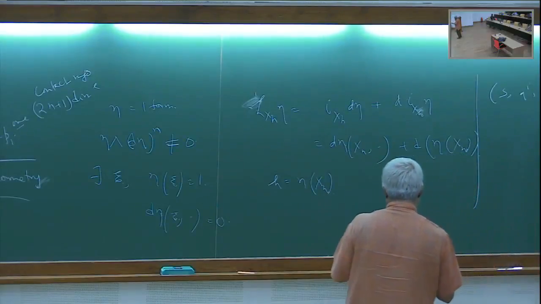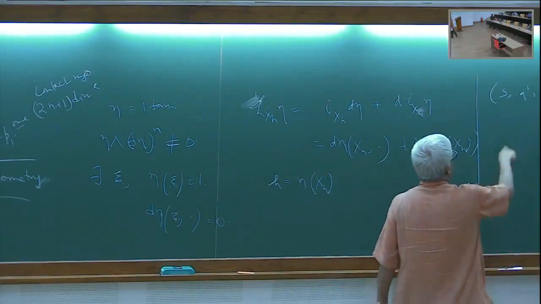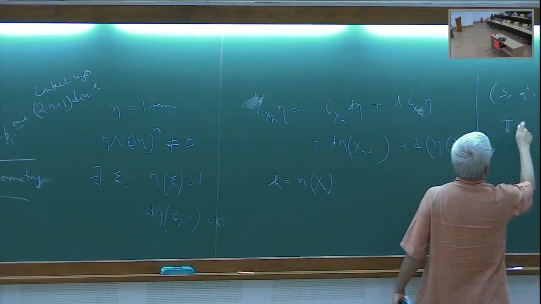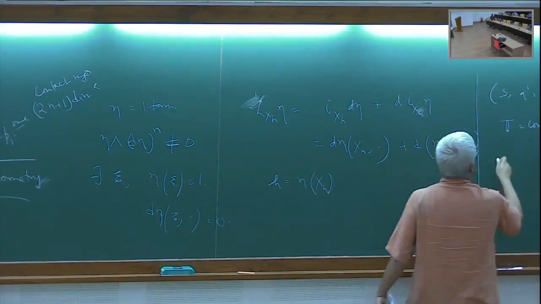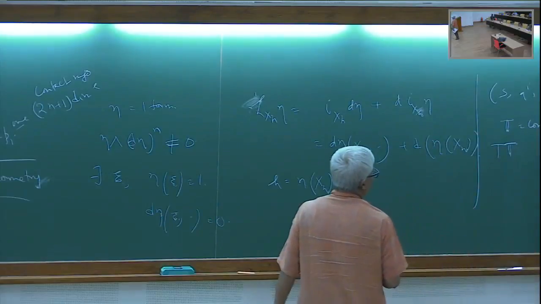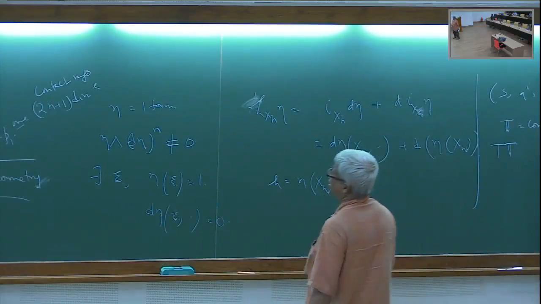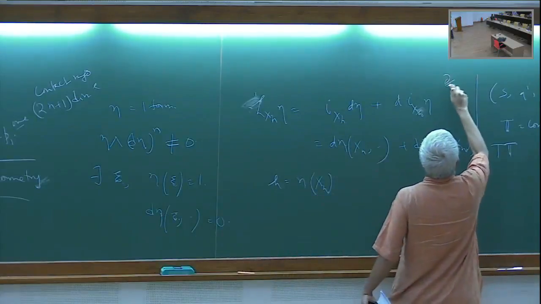There is a nice piece of things here. This is a contact manifold, and you know this is a tangent bundle. What are the vectors you have? One of them, del del S, is very important for me.